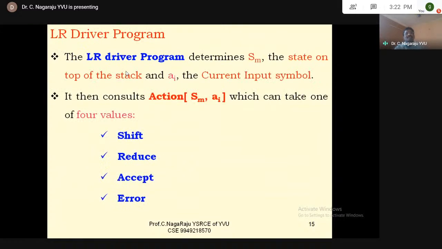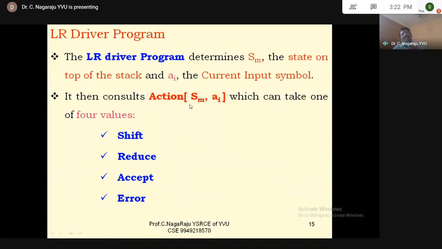Generally the LR driver program determines SM, which is the state on the top of the stack, and AI, the current input symbol from the buffer. It takes the top of the stack and the current input symbol from the input string, and consults action of SM and AI, which can take one of four values.